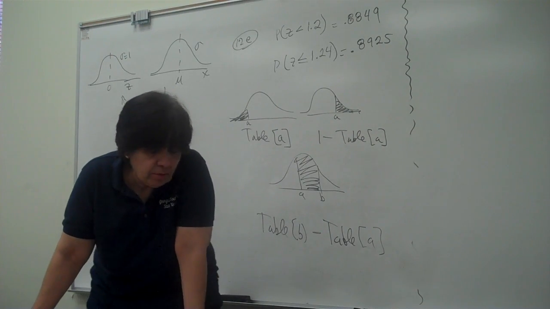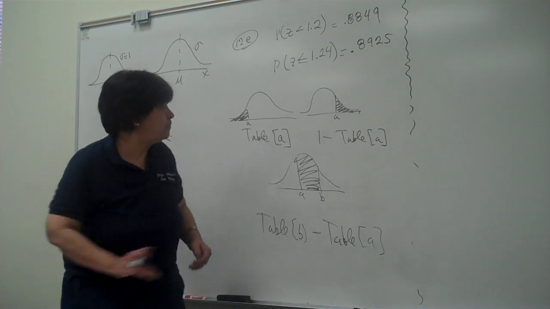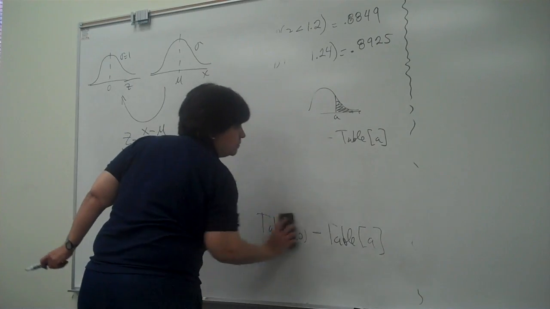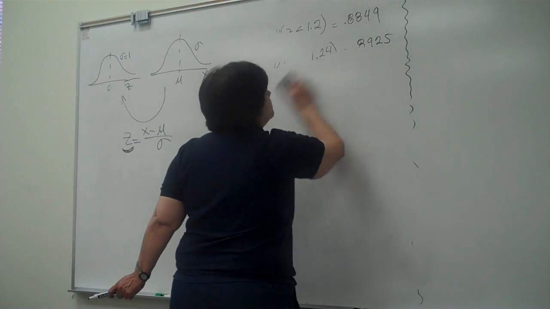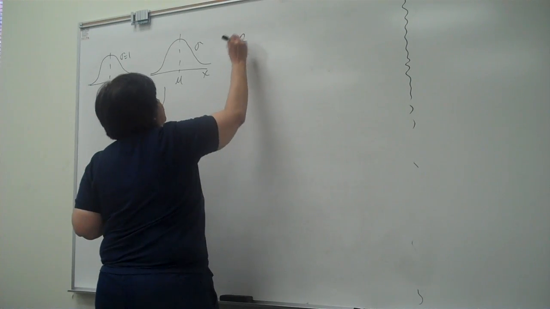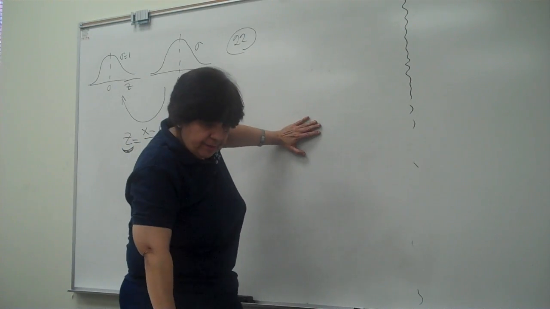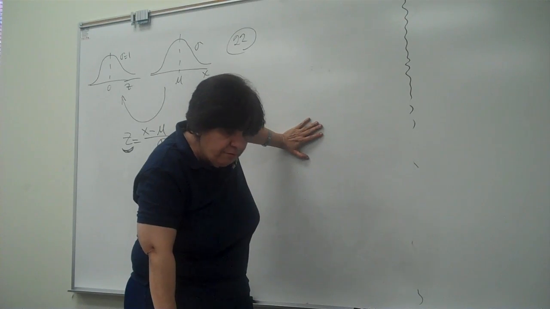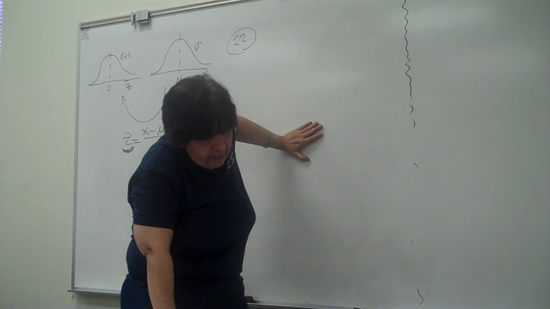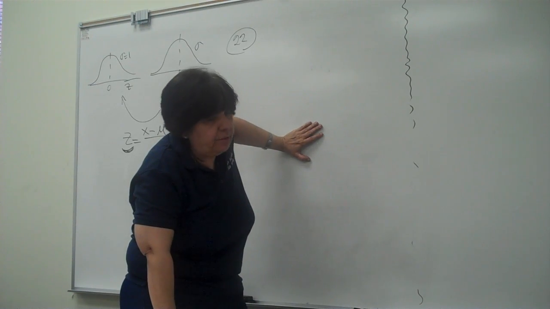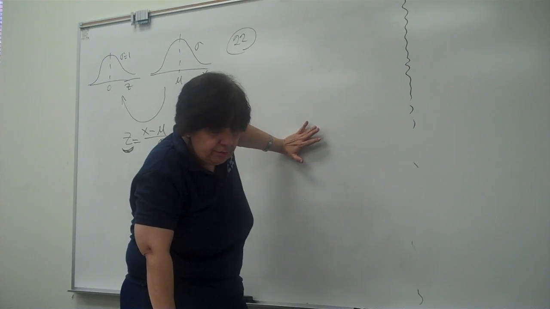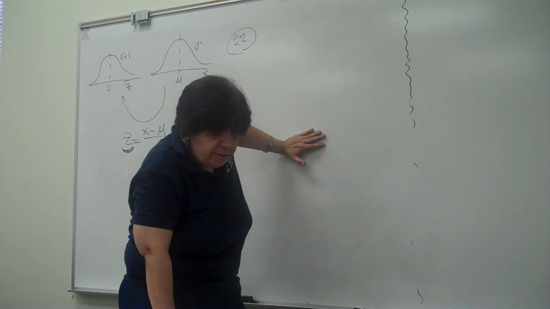Okay, let's do problem number 22. It says, the mean hourly pay rate for financial managers in the East North Central region is 32.62. Since we are dealing with normal distribution, I am assuming that this is a normal distribution. Oh no, it is normally distributed.